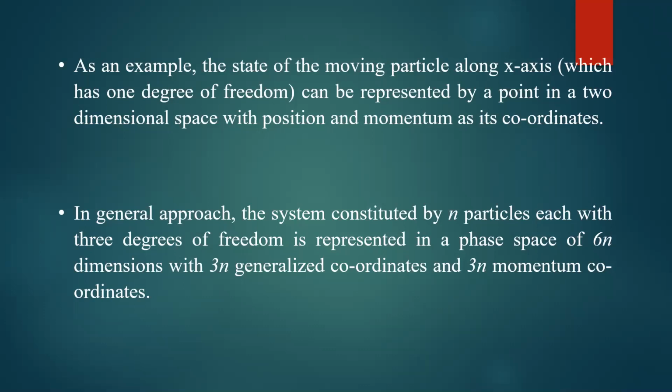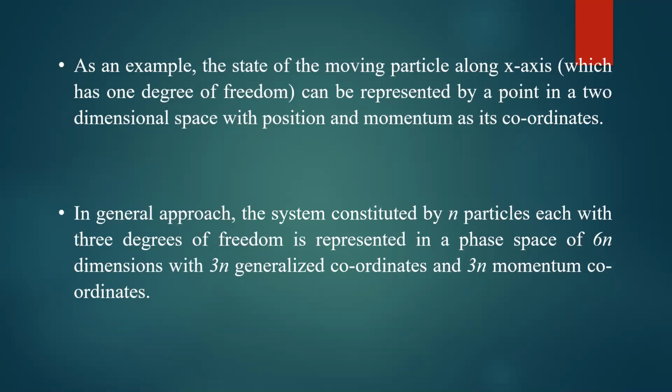That can be represented by a point in a 2-dimensional space with position and momentum as its coordinates. Along one axis you have to take the position, along the other axis you have to take the momentum. That is called phase space. It is a 2-dimensional space.